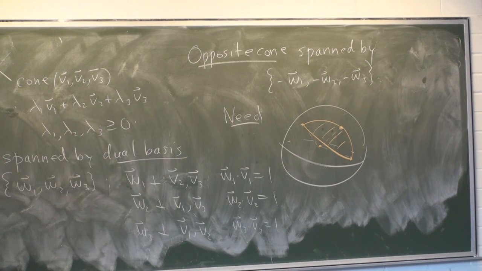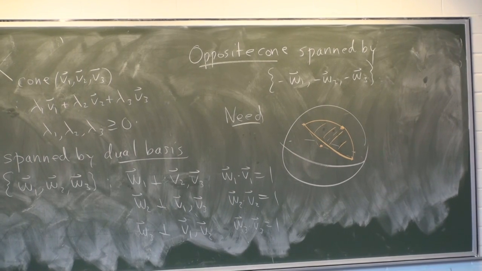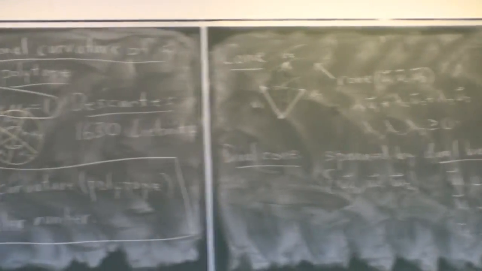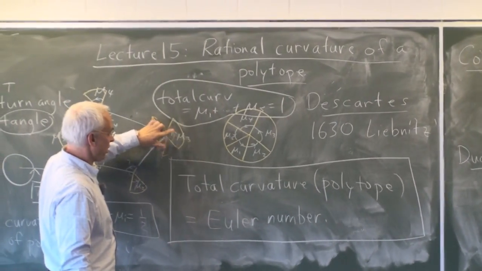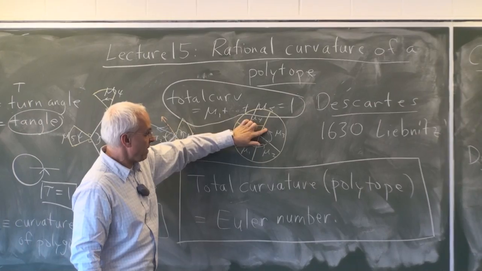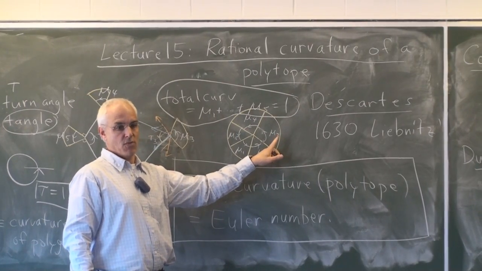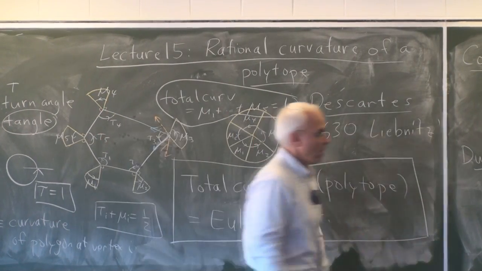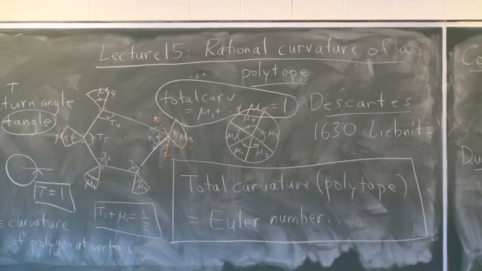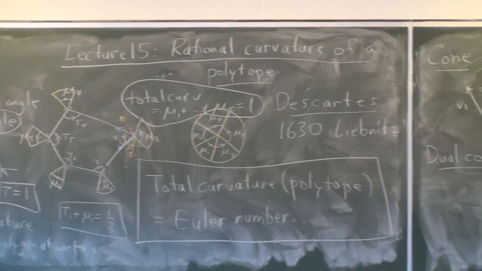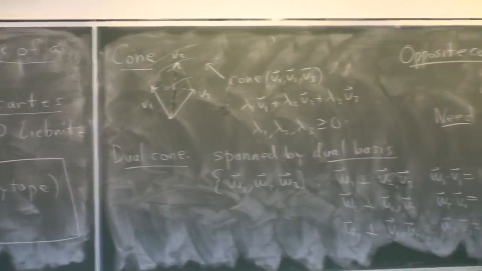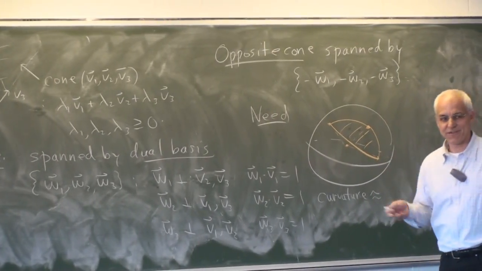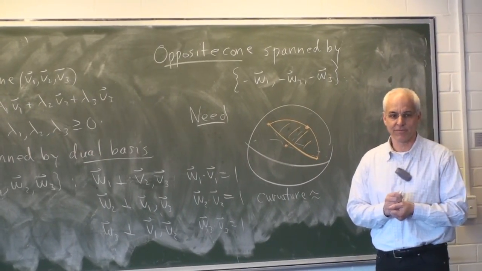That's exactly analogous to what we did over here. We said that the curvature at this vertex of the polygon was equal to the mu I, and the mu I, by definition, that turning was the ratio of that amount of turning to the whole amount of turning, which is 1. So our idea is that curvature is going to be a ratio of two spherical displacements.